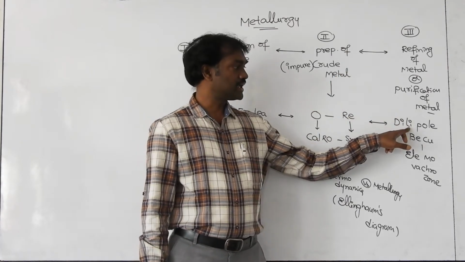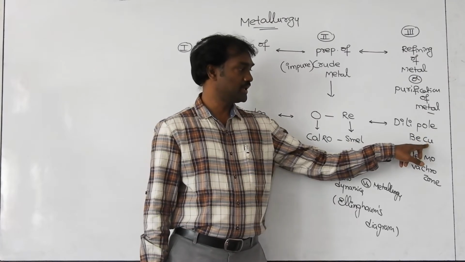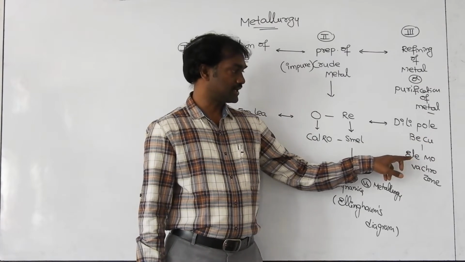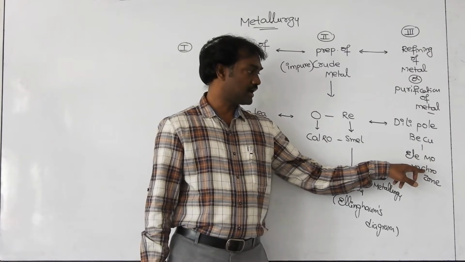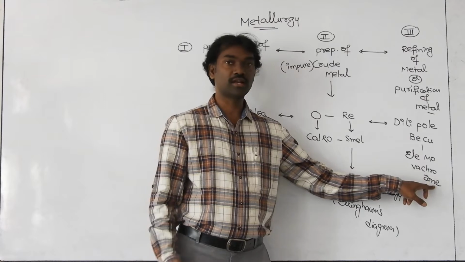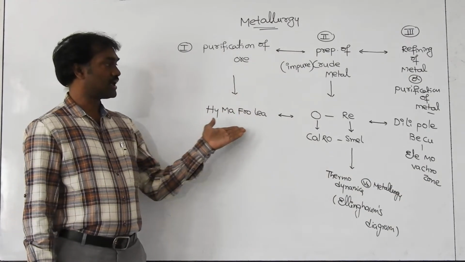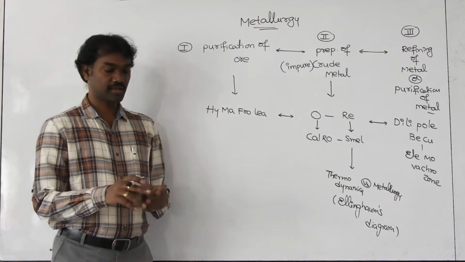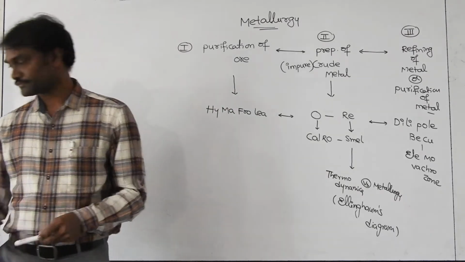Distillation, liquefaction, poling process, bessemerization, cupellation, electrolysis process, Mond's process, Van Arkel's process, chromatography process. Next, zone refining. See, the great metallurgy, after all, in one line. Okay, so one by one we will discuss now.